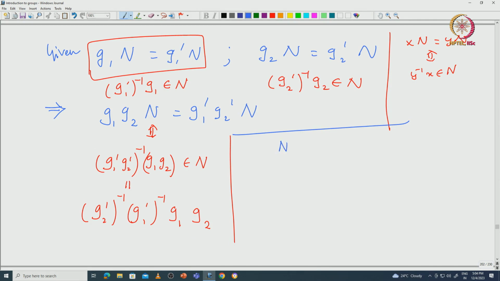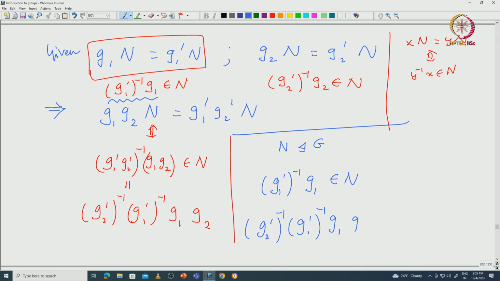Since N is normal inside G, we already know that if we take this element, let's take for example this element g1' inverse g1, this is an element in capital N. Now if you conjugate with g2', so g2' inverse g1' inverse g1 and then g2', this should again be in N. So N being normal implies this.